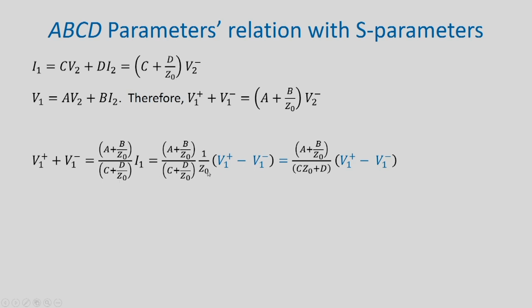Now, we can substitute I1 as 1 by Z naught (V1 plus minus V1 minus), and this can be written in this form: (A plus B by Z naught) by (C Z naught plus D), and this Z naught will get cancelled, into (V1 plus minus V1 minus).